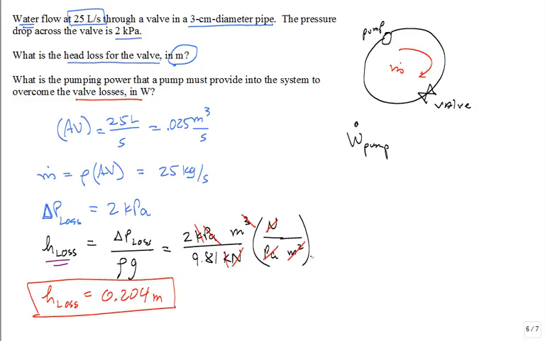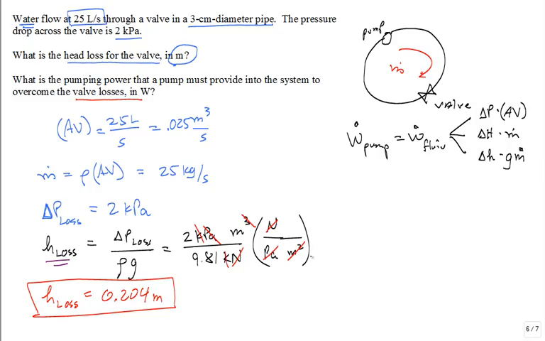equal to W dot into the fluid, which you could do three ways. Delta P times AV, delta H times M dot, or delta lowercase h times rho g AV. I don't have a symbol for weight flow rate.